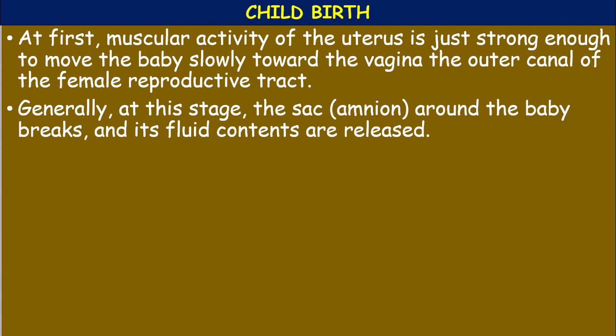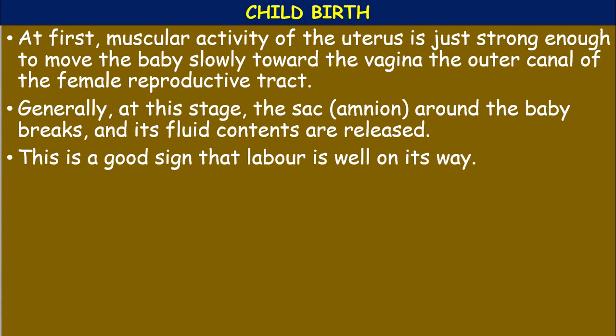Generally, at this stage, the sac around the baby breaks and its fluid, the amniotic fluid, is released out. This is a good sign.